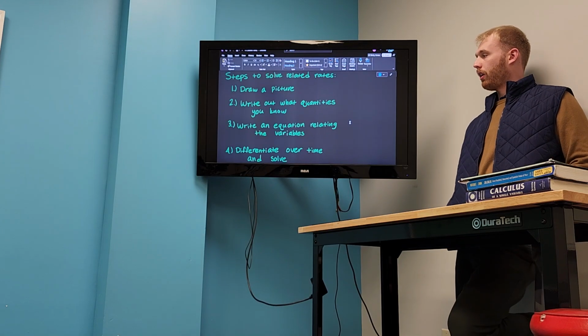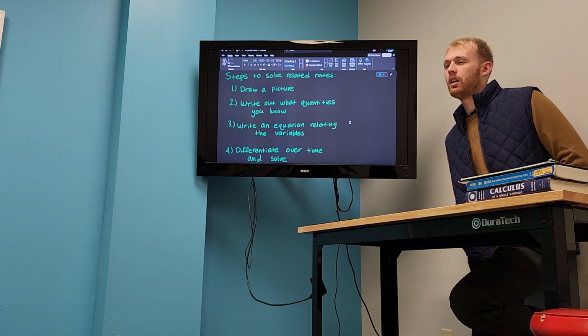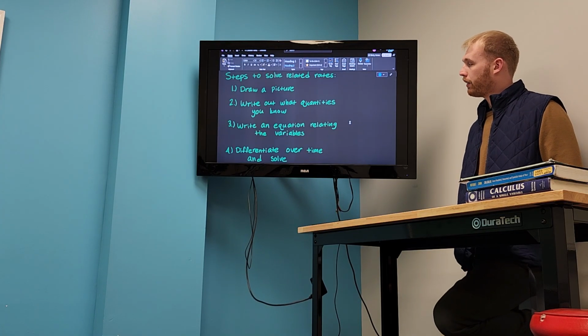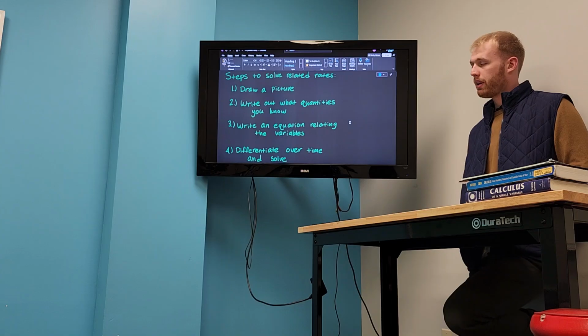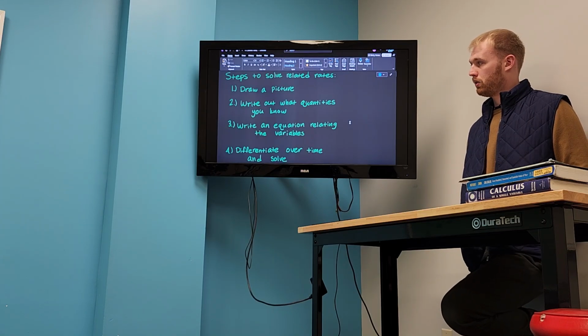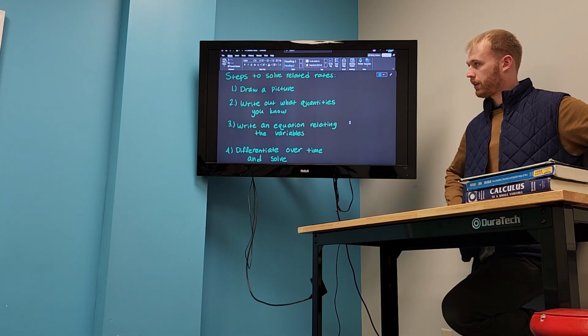I will require all of these steps on my exams, so you should plan on that, and for homework. As for the AP exam, you will not be mandated to draw a picture of the situation, but you will be mandated to write out the quantities you know, write the equation, and differentiate over time.